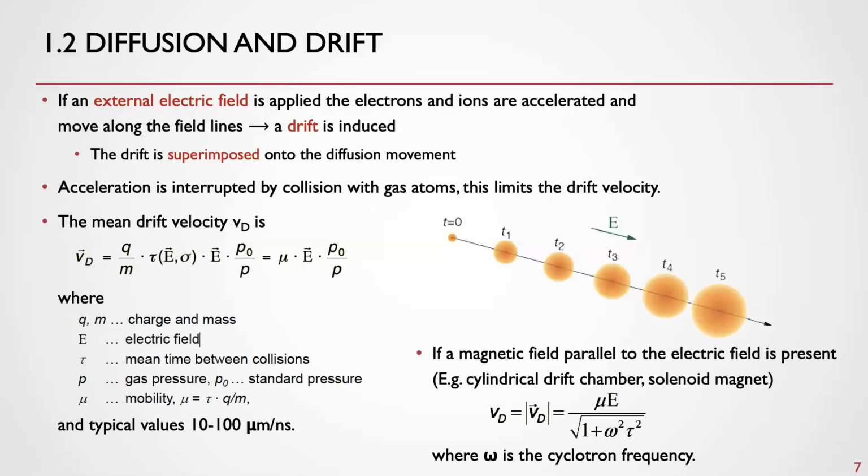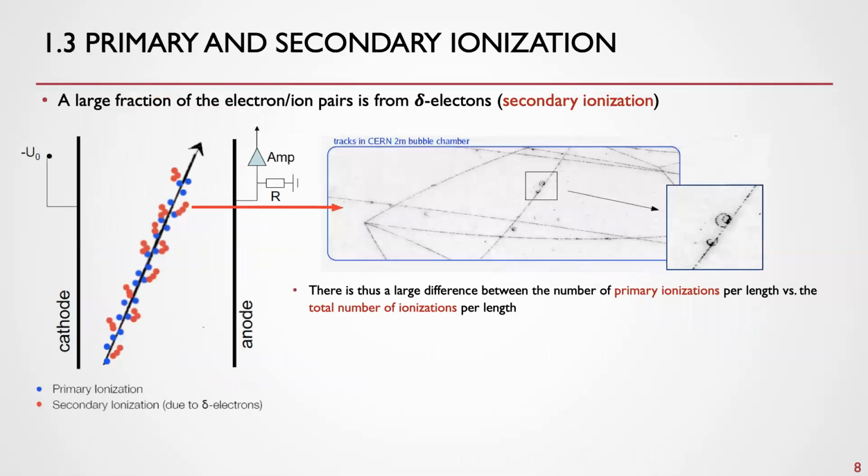The spiraling frequency is the cyclotron frequency that we've derived in a completely different context, namely in the collider physics lecture. And the drift velocity will reduce. The formula is given here. We will not use it, but it has to be kept in mind when designing detectors.